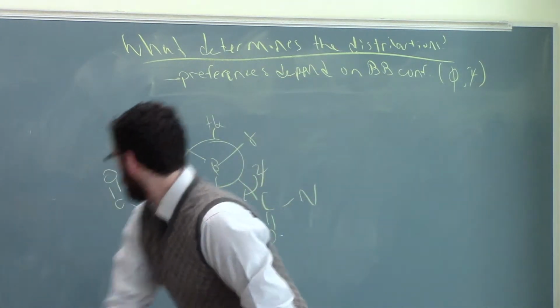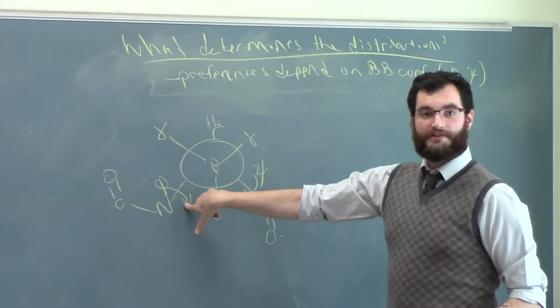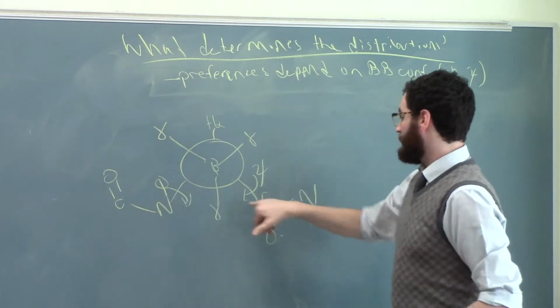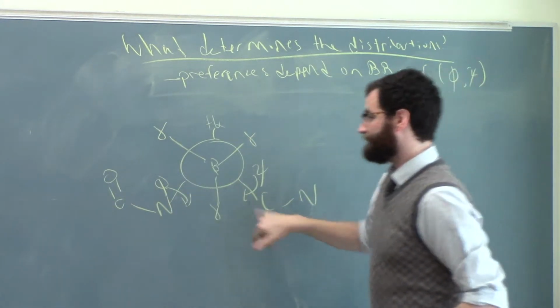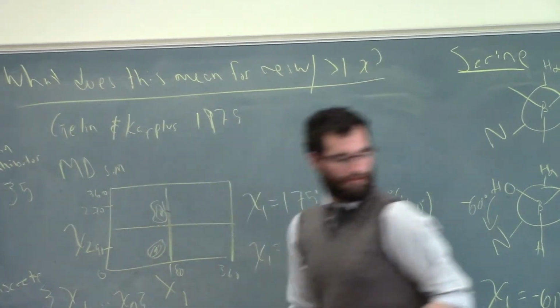Okay, so phi is the rotation around this bond, psi is the rotation around this bond.